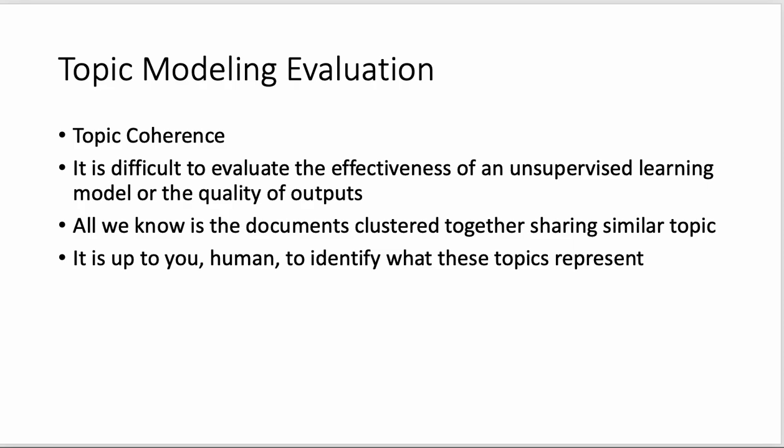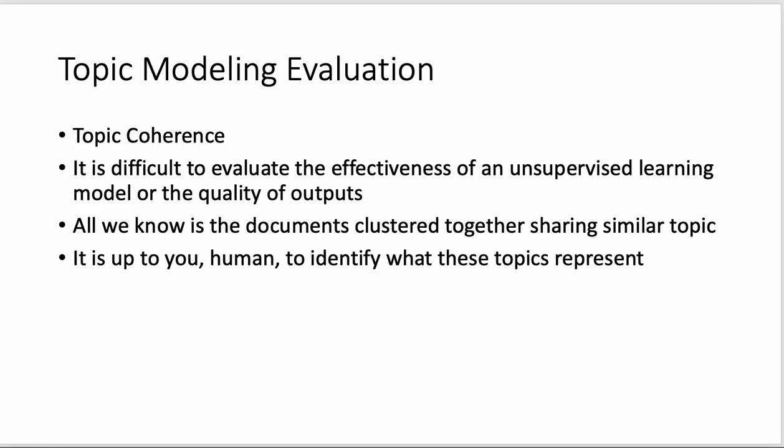So it's a very important idea here that it's actually very difficult to evaluate an unsupervised learning model's effectiveness because we didn't actually know the correct topic or the right answer to begin with. All we know is that documents cluster together. The documents that cluster together share some sort of similar topic ideas.